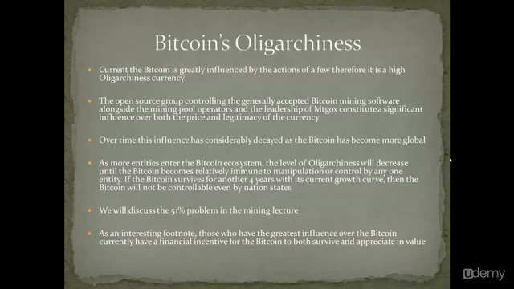As another interesting footnote, those who have the greatest influence over the Bitcoin currently have a financial incentive for the Bitcoin to both survive and appreciate in value. That's what we call engineering good incentives. Part of the brilliance of Satoshi Nakamoto when he wrote his paper describing the Bitcoin is he engineered a system where the early adopters who would have the greatest control over the system have the largest incentive to ensure that the system continues to grow and survive, not only to make sure that the currency becomes more distributed and to divest their accounts, but also to continue the initial design, because that's the only way the Bitcoin would increase in value.